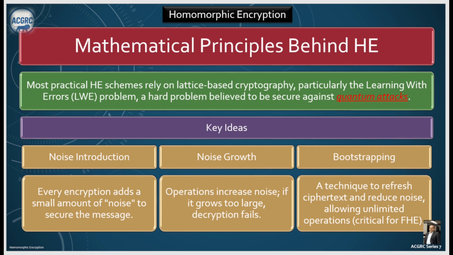To navigate this, bootstrapping helps to clean up the ciphertext, does a refresh so that you can continue your processing over and over again. That's an advantage. That's a concept which is helping homomorphic encryption scale higher. It cleans the noise to some extent, yes.